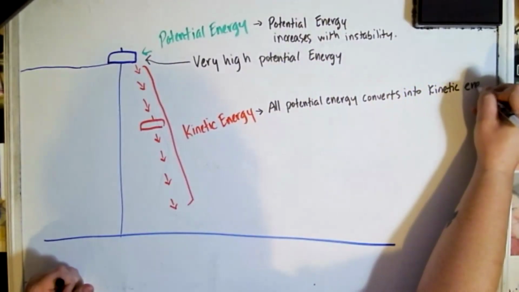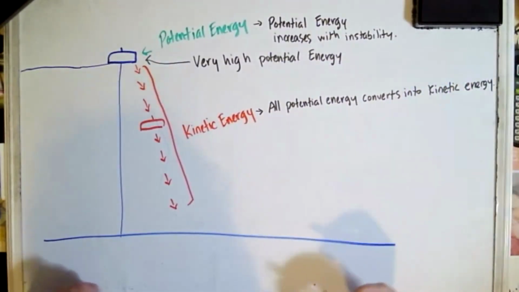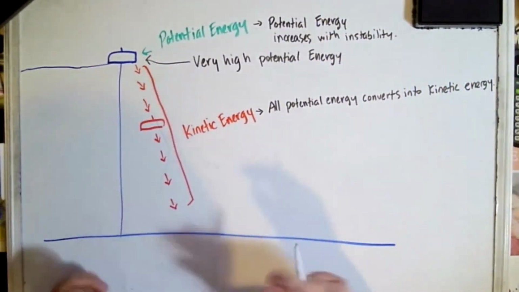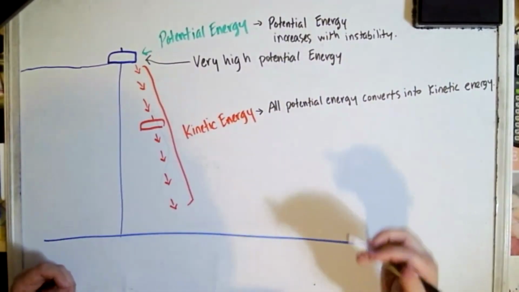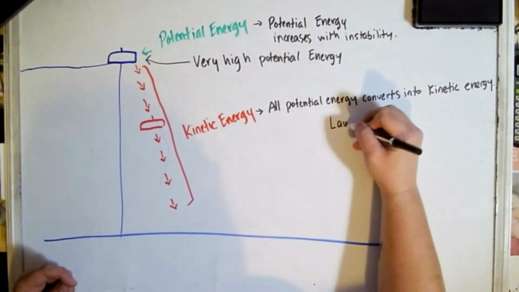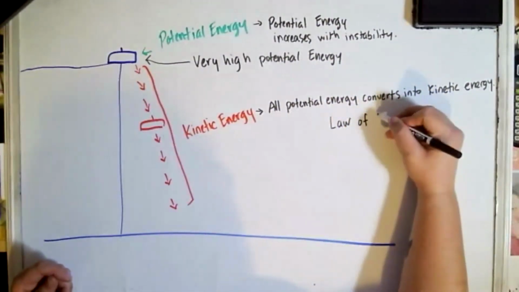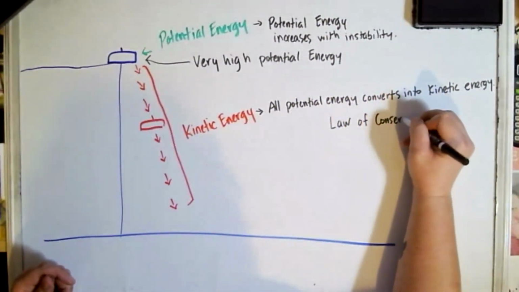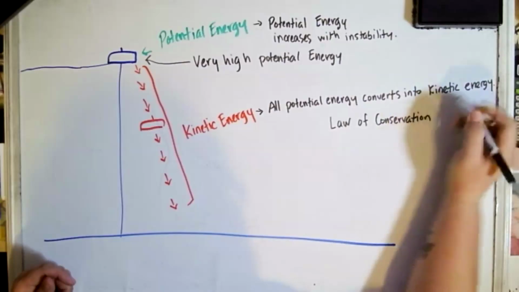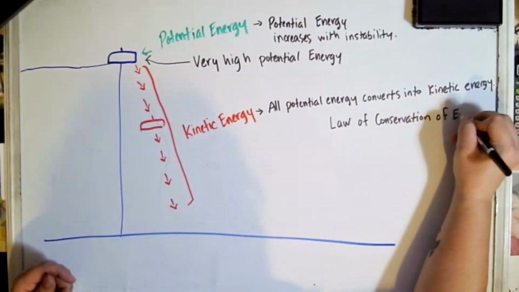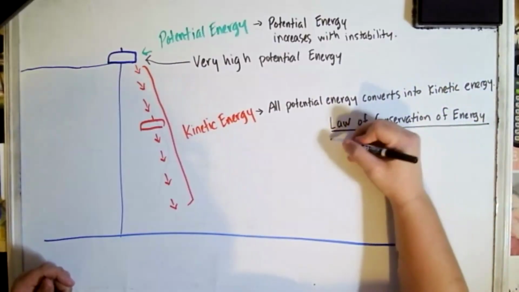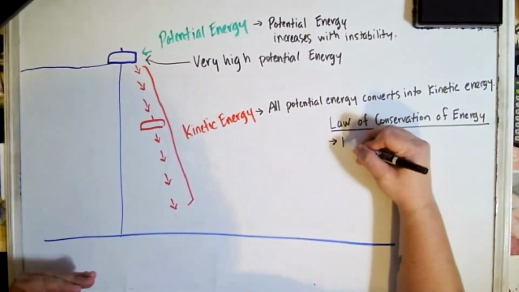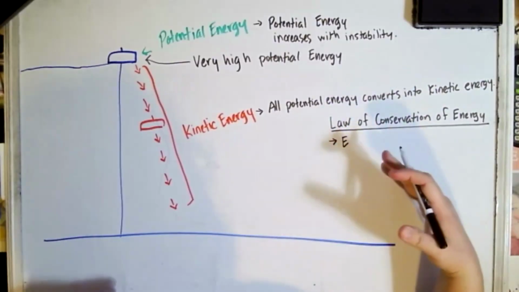And there's a reason for that, which we'll talk about in later chapters. But just so this makes more sense, there is a law that works similarly to the law of conservation of mass. It's called the law of conservation of energy. This states that energy can't be created or destroyed.